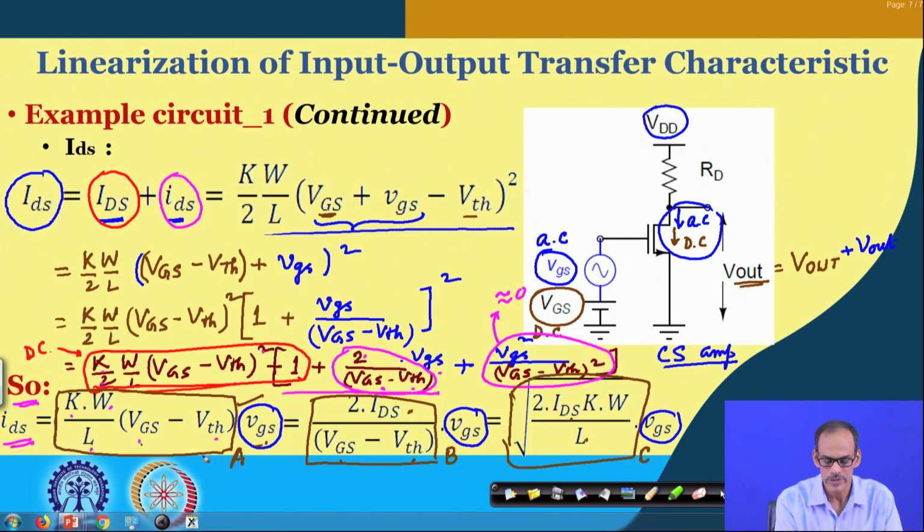Whether this form or this form or this form, all the terms are essentially representing the same thing, namely the transfer factor from VGS to IDS. Okay.